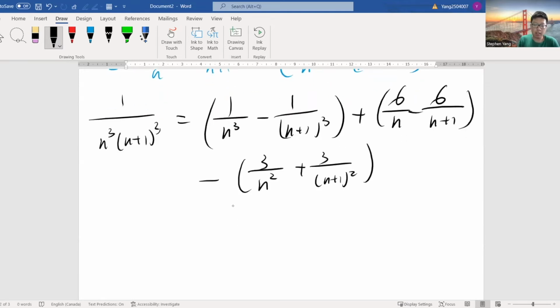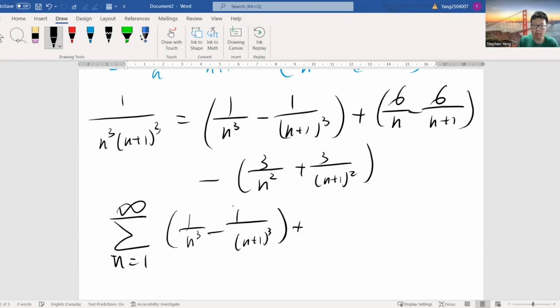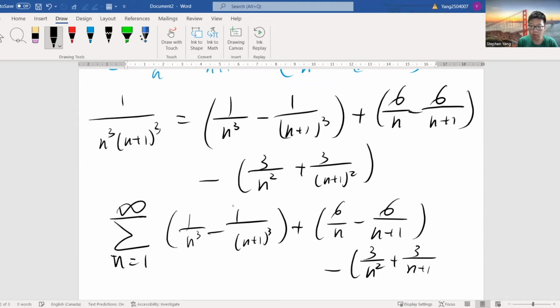Now we can take the sum from n equal to 1 to infinity of all of these terms.